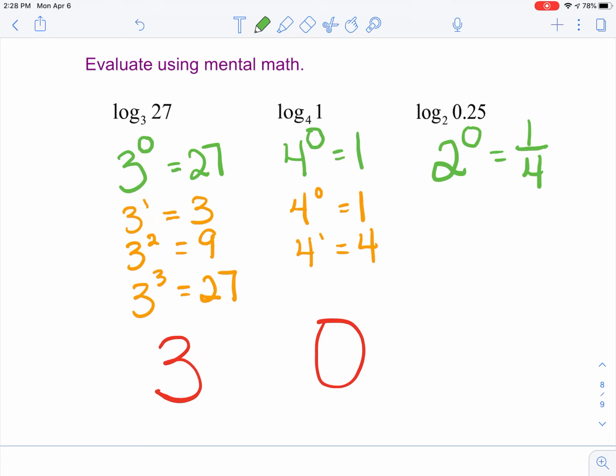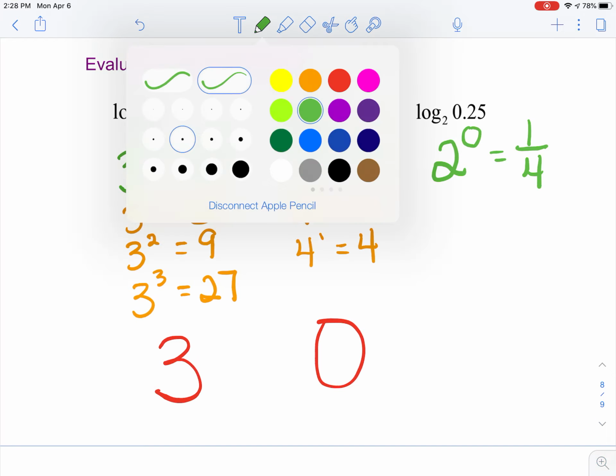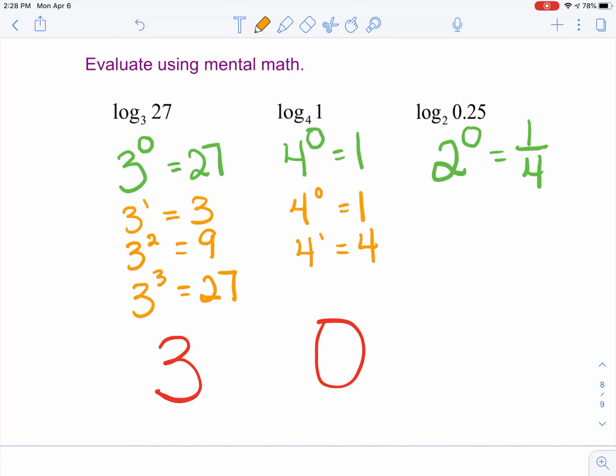So what does that mean? That means that it's going to be a negative exponent. So let's check this out. 2 to the negative 1 is going to be 1/2. 2 to the negative 2 is going to be, yep, 1/4. So your answer is going to be -2. Is everybody feeling okay with those?